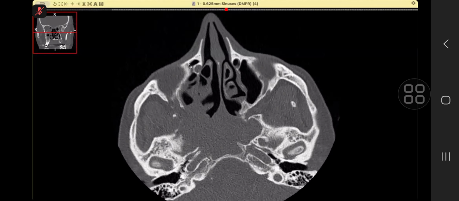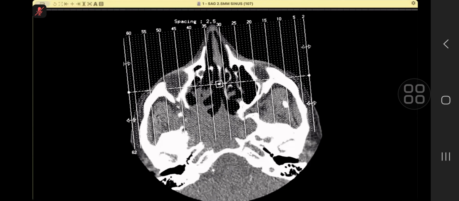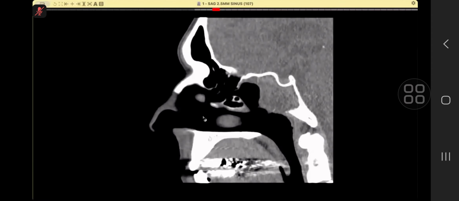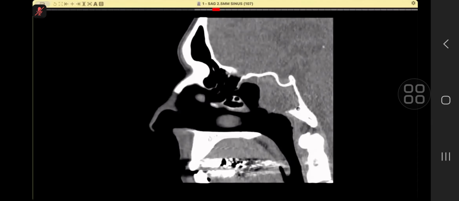Let me actually show you a sagittal, and I think it will be a good idea to show it to you on a normal case so that now on sagittal, which I never showed the candidate, you can see what is happening. And it is completely eroding.